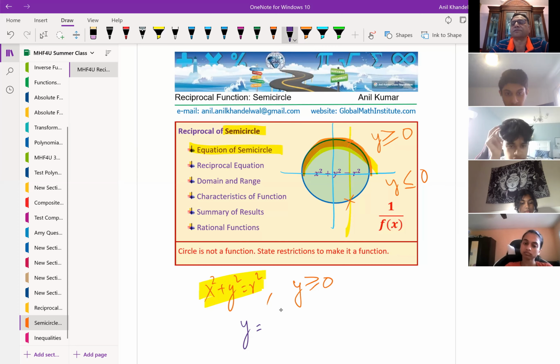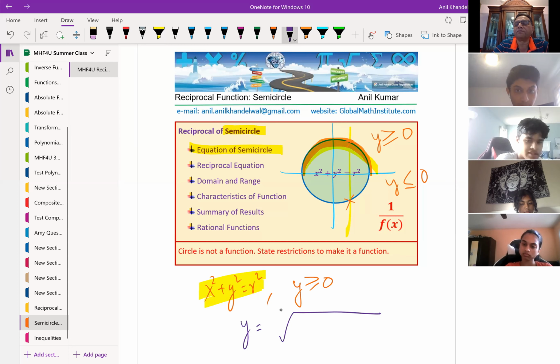So y equals square root of x r plus x, I think. No. Akshay, can you tell me? I think I have to do it on paper. No, see the screen. Akshay, tell me, y equals what? When you're isolating for y, sir, you just move x squared to the other side, so it'd be negative x squared plus r squared.